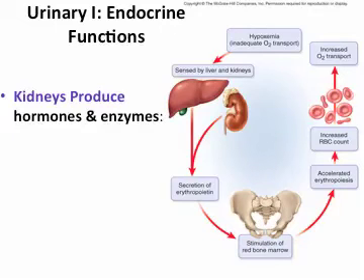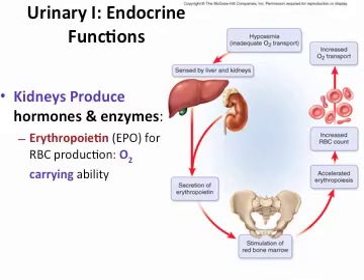Kidneys do a lot of things, have a lot of functions, but this podcast is going to deal specifically with their endocrine functions. So kidneys produce both hormones and enzymes. And we talked about this when we did the blood system, and we said that EPO, or erythropoietin, was secreted from the kidneys.